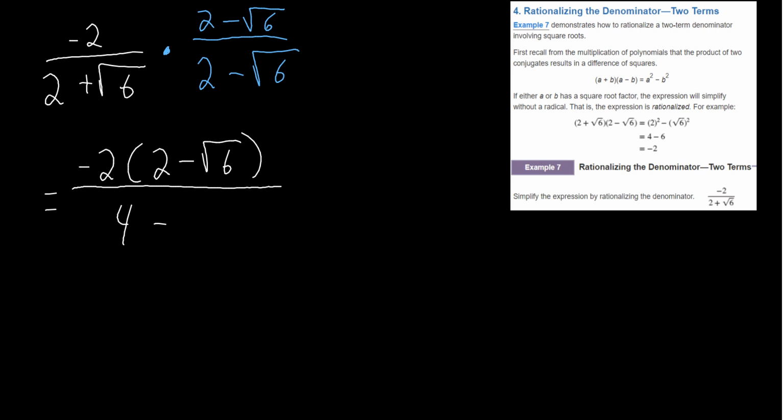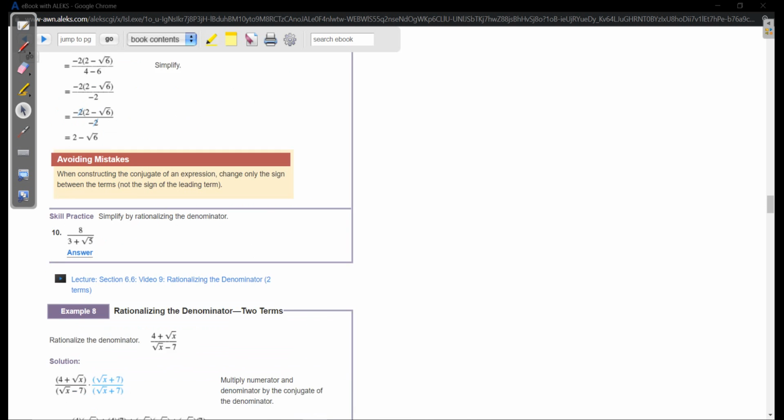The b is the square root of 6. The square root of 6 squared is 6, so 4 minus 6, or in other words, negative 2. And then it looks like the negative 2's are going to cancel out here. So we end up with just 2 minus the square root of 6. Right? Pretty easy, but it does get harder and more tedious from there.